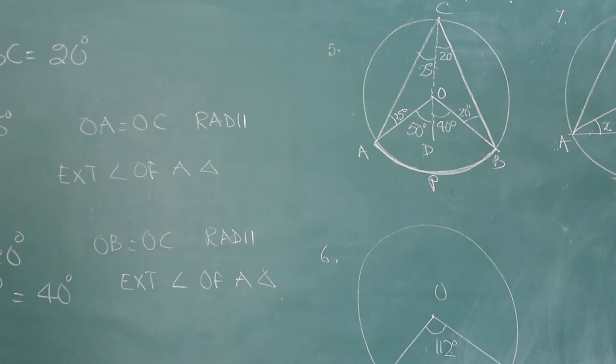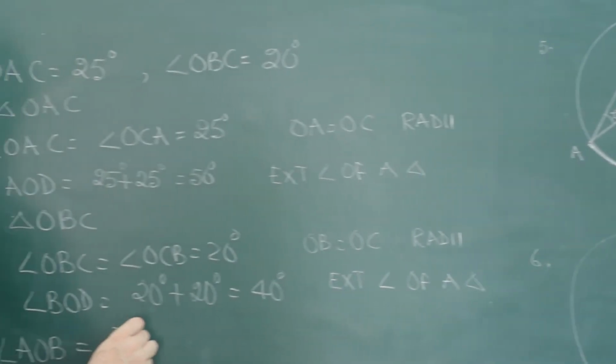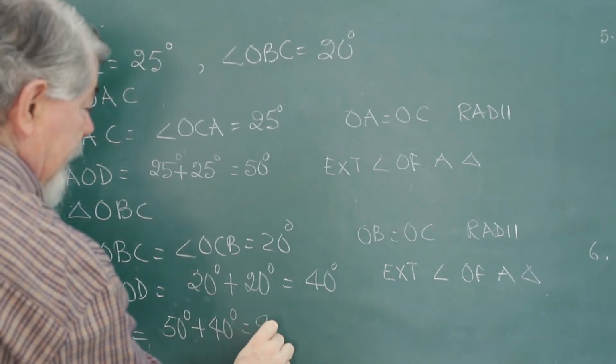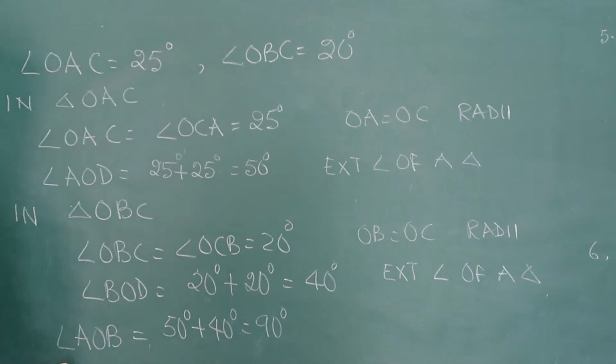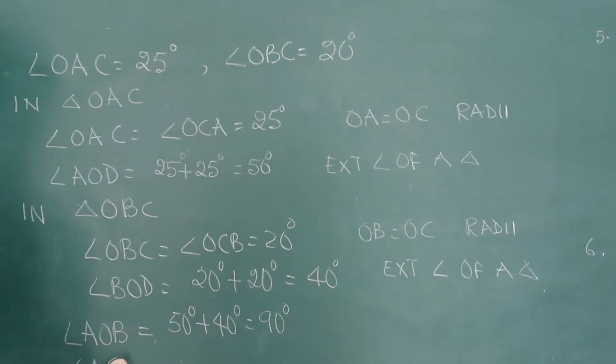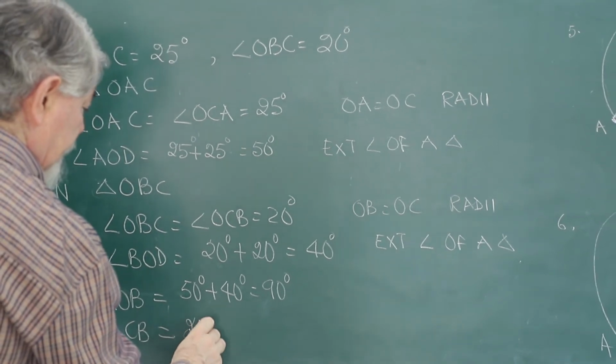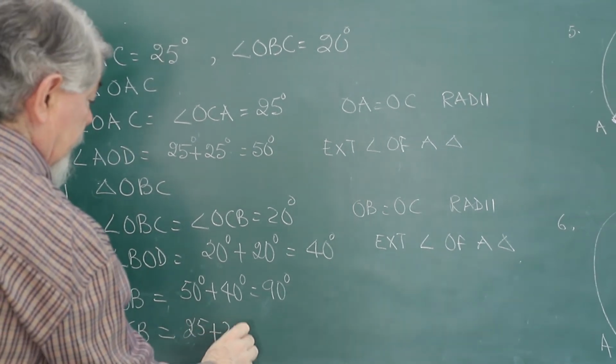Okay, so the angle AOB is equal to 50 plus 40, equal to 90 degrees, and angle ACB is equal to 25 plus 20, that is 45.